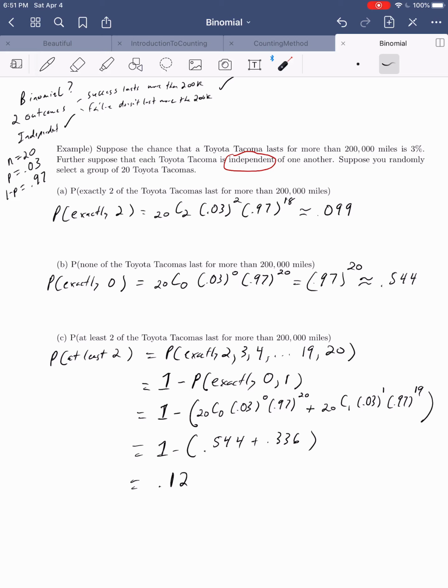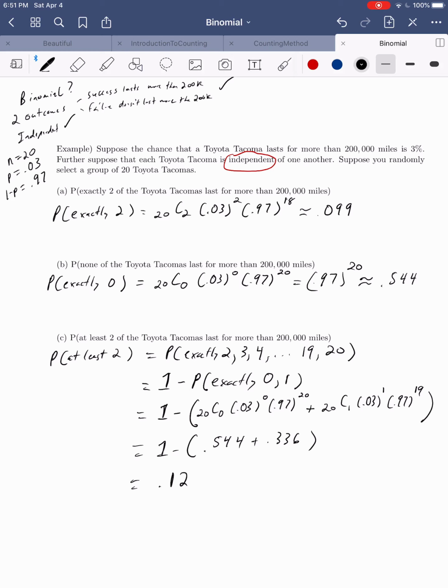Fortunately, when the number of trials gets really large, so if we were talking not about 20 trucks, but about like 200 trucks or 500 or 1,000 trucks, there's actually an even faster way to do this, based on something we saw very early on in our class, the normal distribution. So our last topic we're going to talk about here is how to approximate the binomial with the normal distribution.